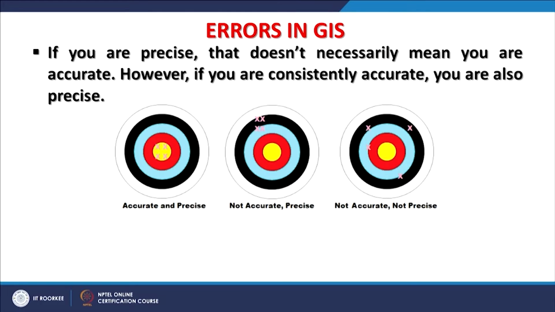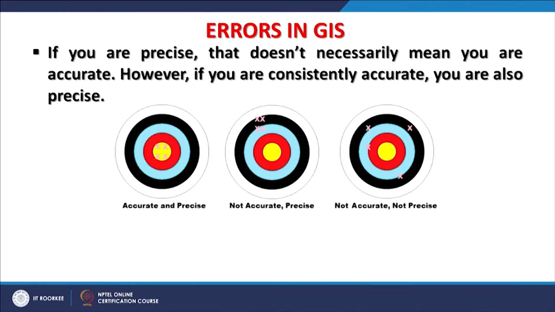For example, many of us must have played the dart game, D-A-R-T, and in this there are circles, sometimes for shooting also, or other sports. These kinds of targets are used, and as you can see, in the first one it is accurate and precise when we are hitting the inner circle, that red circle.